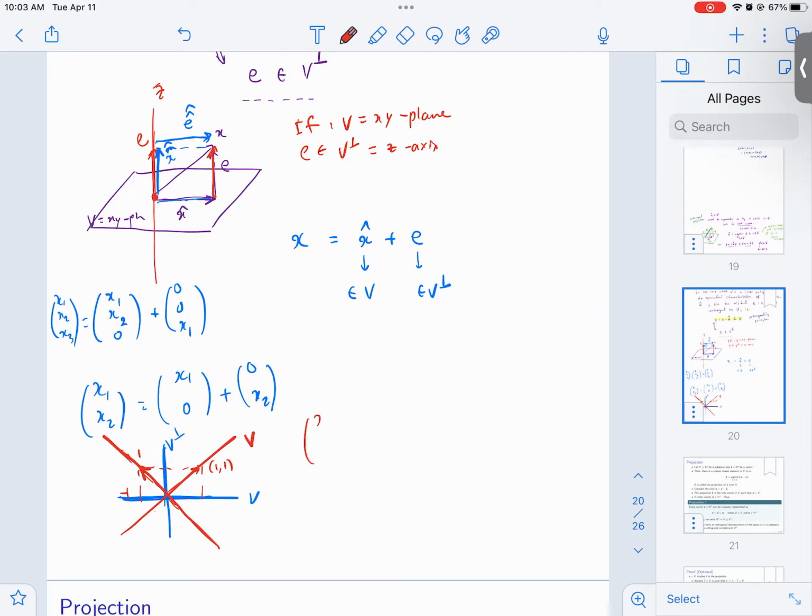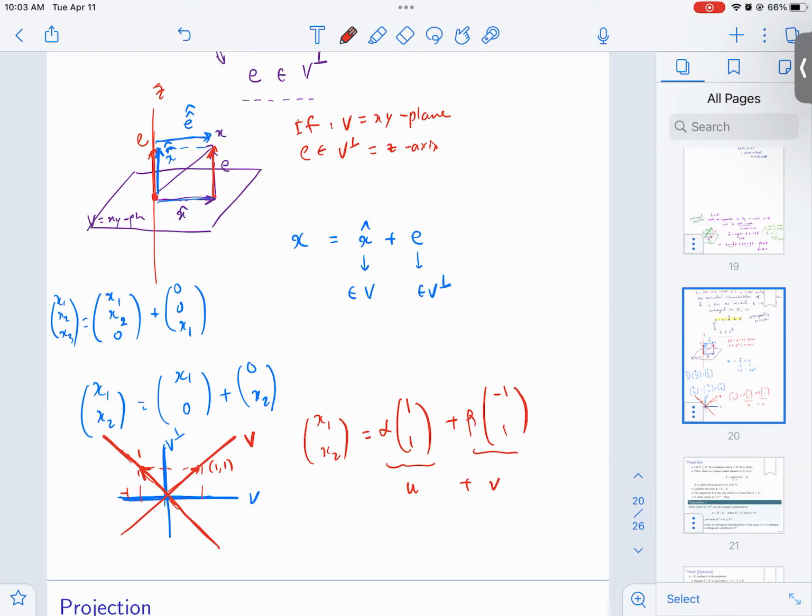So I can write every vector as a summation of two elements, one from this, the other from that component, like (1, -1), (-1, 1). Okay, so you can say this is like u plus v.